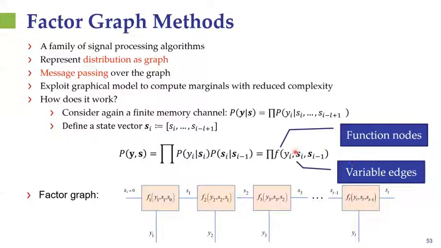And what we do, we call this function here the function node, and the variables inside it we call the variable edges, and then we obtain this graphical representation which encapsulates the joint distribution of the channel output and the channel input. Now, this graphical representation allows us to carry out inference with relatively low complexity. And in order to do that, we will go into what's called the sum product algorithm, or specifically its special case for these kinds of joint distribution, which is what's called the BCJR algorithm.